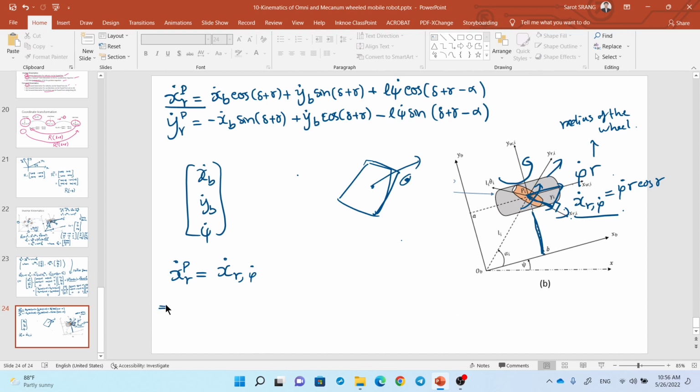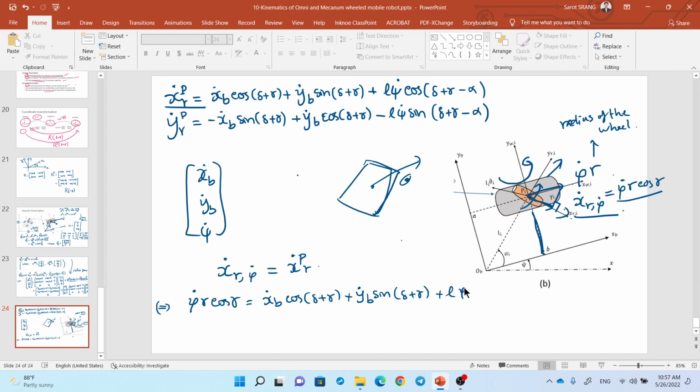Then phi dot times R times cosine gamma equals h dot b cos delta plus gamma plus y dot b sine delta plus gamma plus L psi dot cosine delta plus gamma minus alpha.